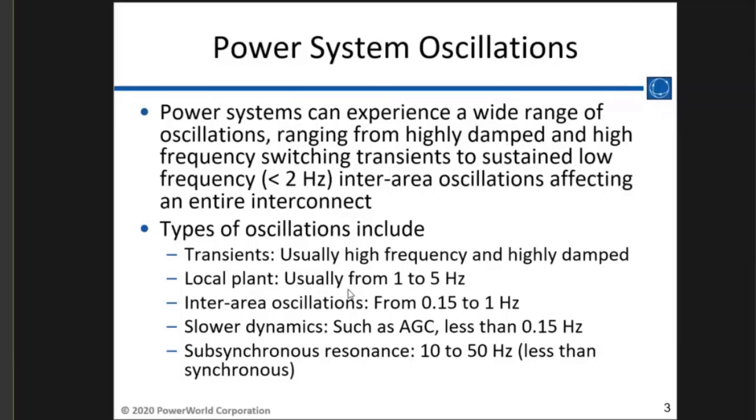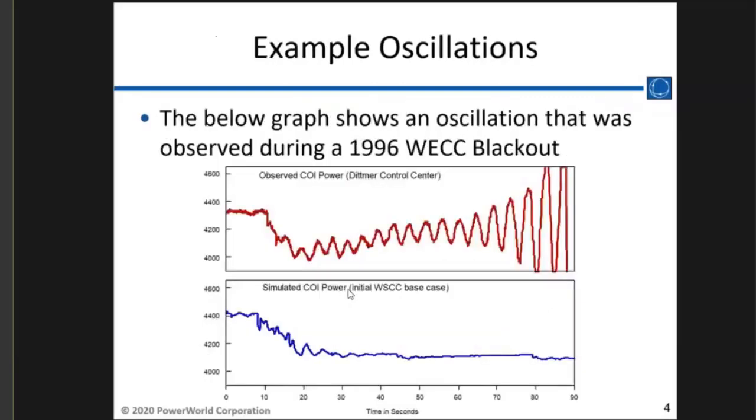We can get slower dynamics like the automatic generation control dynamics, or you could get subsynchronous resonance on the order of 10 to 50 hertz, something that we don't analyze in Simulator. And I showed this one earlier. That's a classic oscillation that has negative damping associated with it, and that's what we want to avoid.